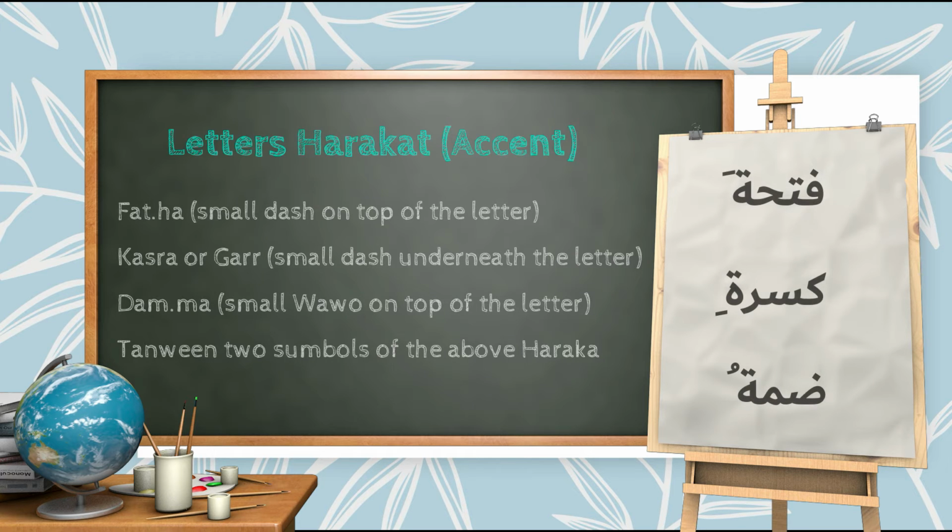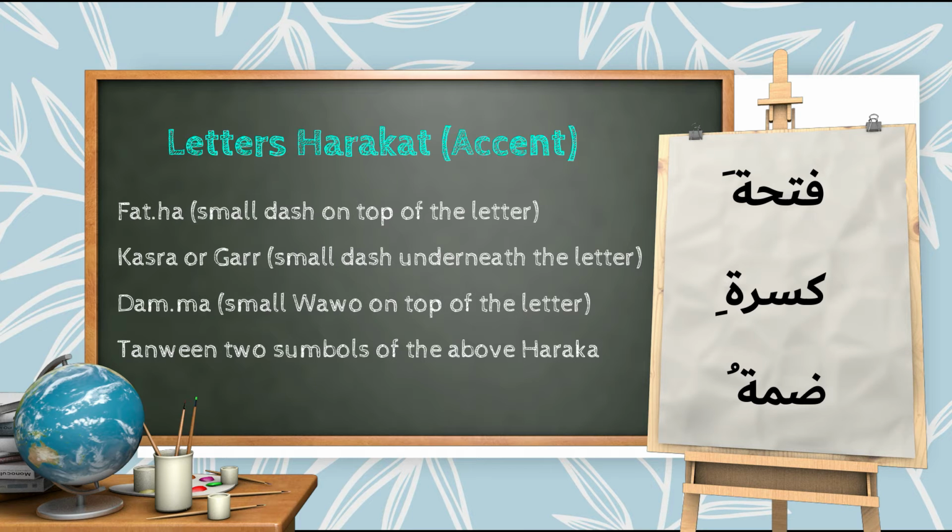Perhaps the first thing we would need to do is to make sure that we know the harakat, the accents in the Arabic words or in the Arabic language. The first is a fatha, which is a small dash on top of the letter, basically an indication to open your mouth when you pronounce that letter, like fatha ta, like that.